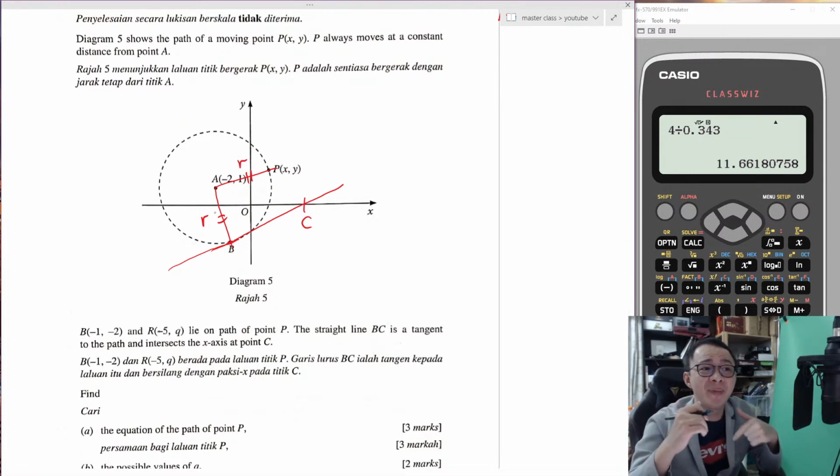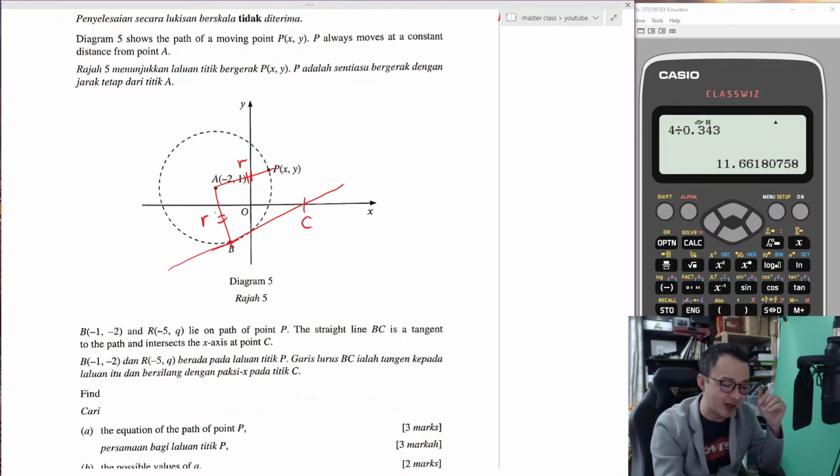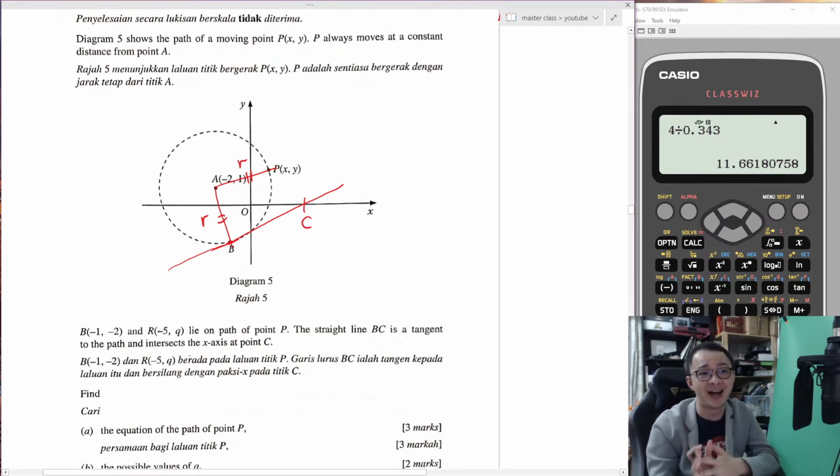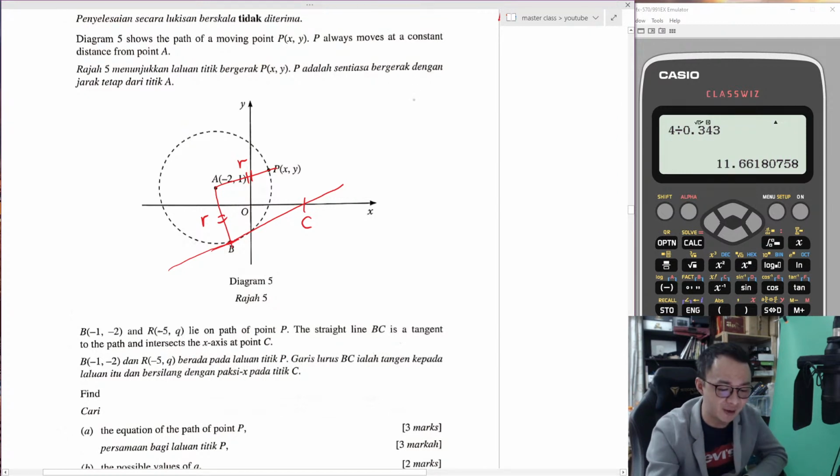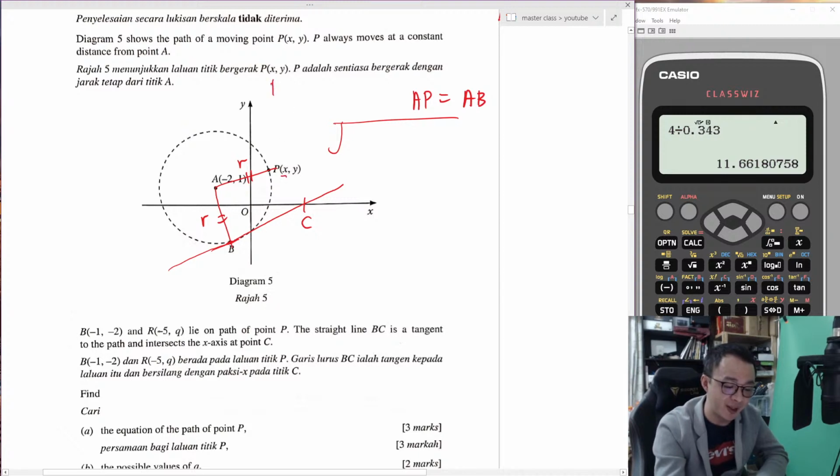Because for A and B I have the coordinates, but for R I have one unknown, Q. So I will say AP equals AB, then use the distance formula. P is (x, y), A is (negative 2, 1), B is (negative 1, negative 2).